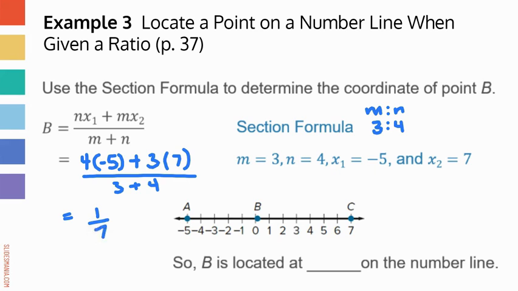So the point is going to be 1/7 on the number line. You can see right here, point B is about 1/7 of the way between 0 and 1. So that is where we can partition our line in a 3-to-4 ratio.